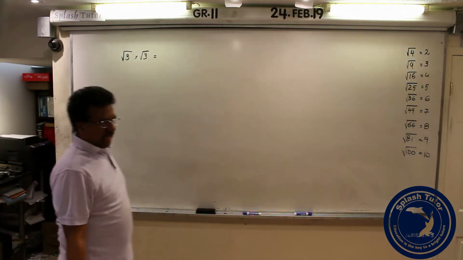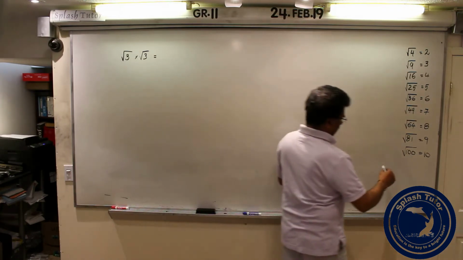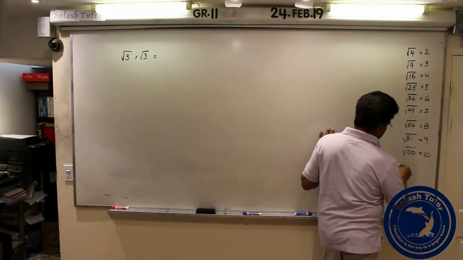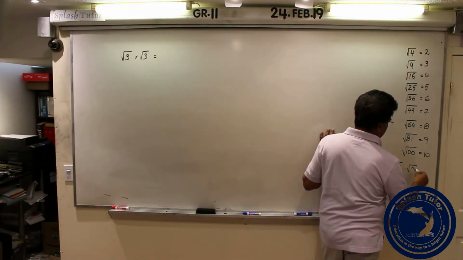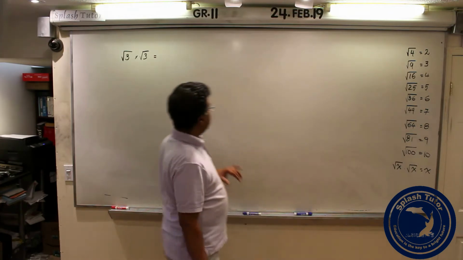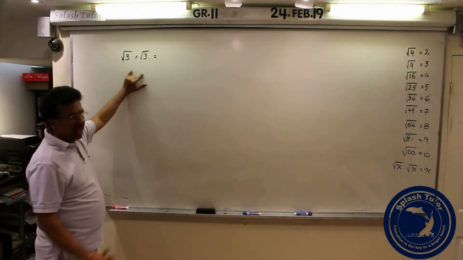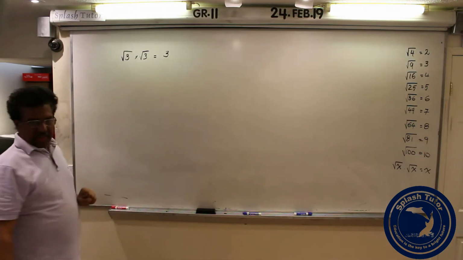What do you think? The answer. If you have a same root, right? Make sure that if you multiply root x with root x, you get x back. So that means if you multiply this root 3 by root 3, your answer is 3. Okay? So we need to know that.